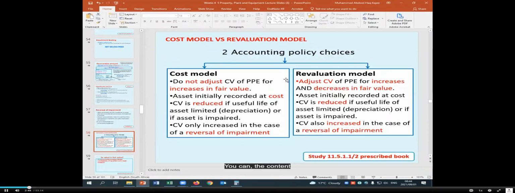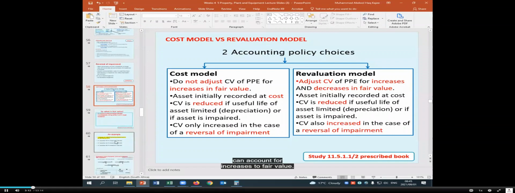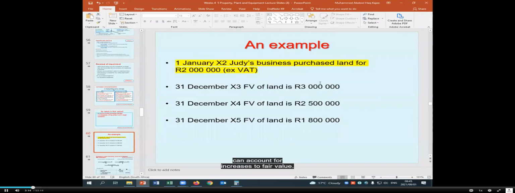The accountant can make the choice to record the property, plant, and equipment using the revaluation model. Now, in the revaluation model, it differs because an increase in fair value above the historical carrying amount, we can account for under this model. It's only under the revaluation model we can account for increases to fair value.